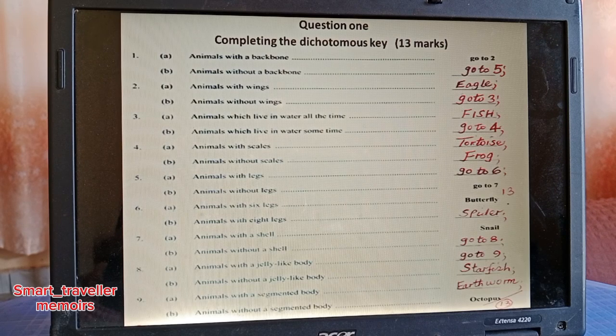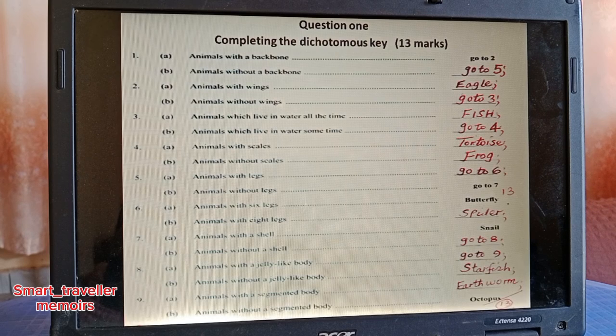Animals without wings, go to 3. In 3, animals which live in water all the time, fish is identified. Animals which live in water sometimes, you go to 4. 4A, animals with scales, you have identified tortoise. Animals without scales, frog is identified.